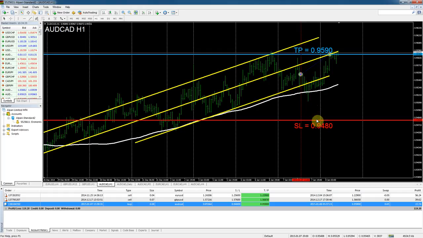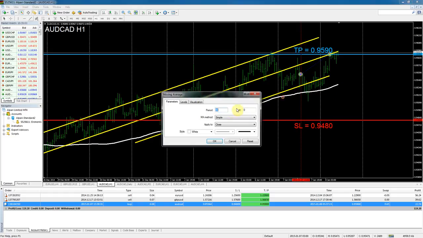Another interesting thing about the stop loss, and this is something I didn't mention yesterday, but it's good to analyze it today. As you can see, the stop loss was also protected by the moving average. So not only the 0.95 psychological resistance level and the channel border were protecting the stop loss, but also the moving average was.